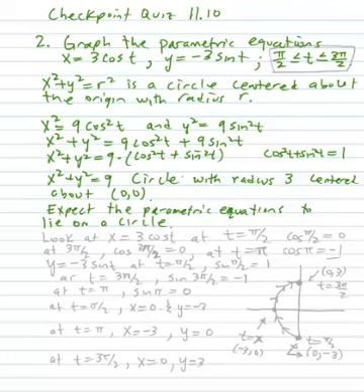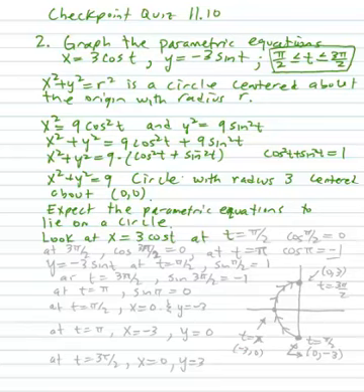The question is, do these equations form the entire circle or just a portion of it? To answer that question, we need to look at what values the parameter t takes on. T is going from pi halves to 3 pi halves. Look at the x component first. X is 3 cosine of t.